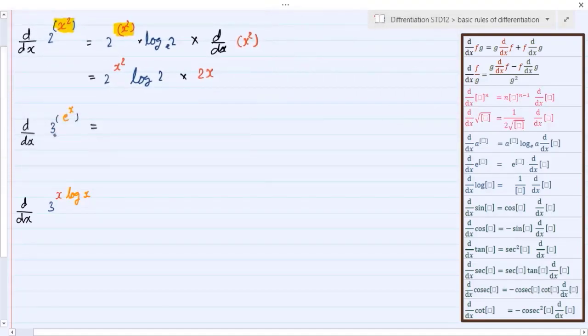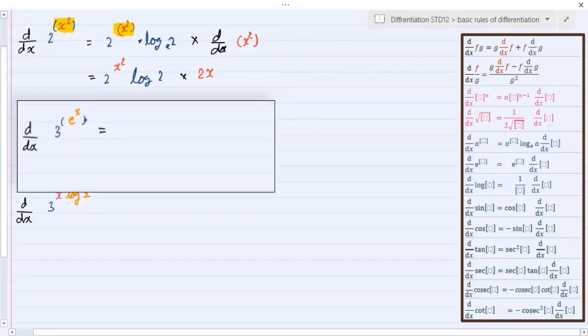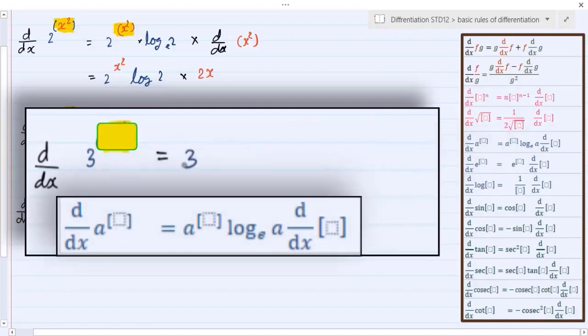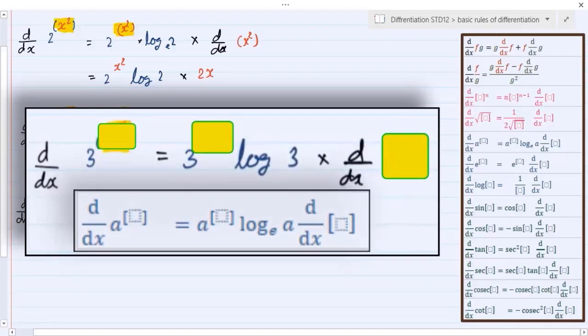Similarly, let's try to solve the next question. We have differentiation of 3 raised to e raised to x, and to get the differentiation we have to consider a box around the inner function, which is your e raised to x. So just focus on differentiation of 3 raised to box, which is 3 raised to box log 3 into differentiation of box.